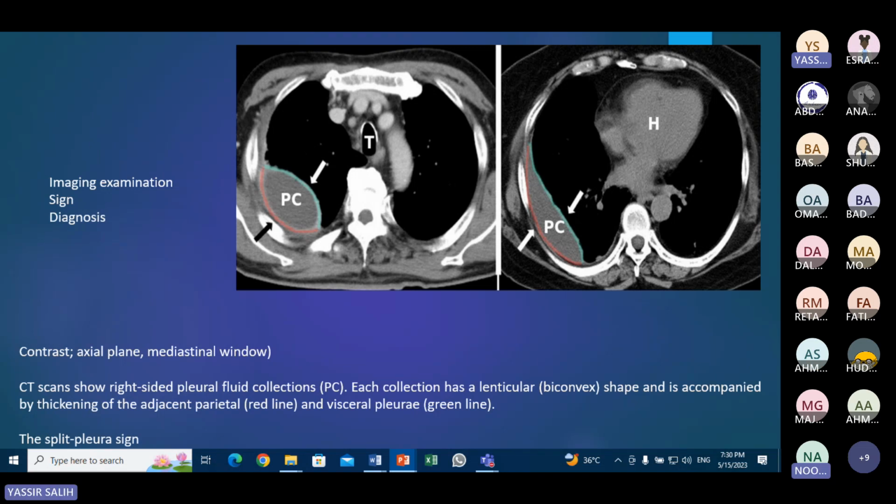Split pleura sign: empyema. In a lung abscess the shape of the collection is usually round, but in empyema it is convex or lenticular shaped. This sign is important to differentiate between lung abscess and empyema. In empyema the collection appears as a lenticular, biconvex shape, like a lens. But in an abscess it is rounded instead of lenticular. Don't miss this very important slide.